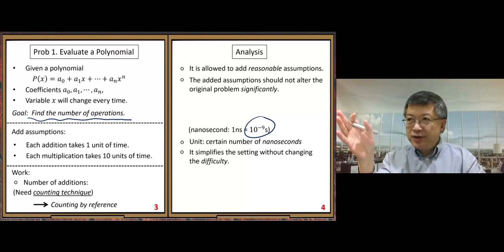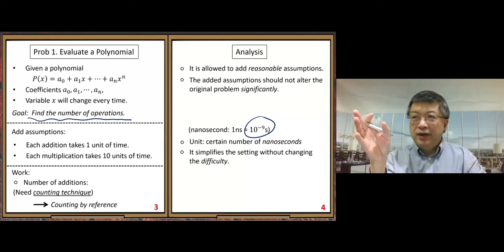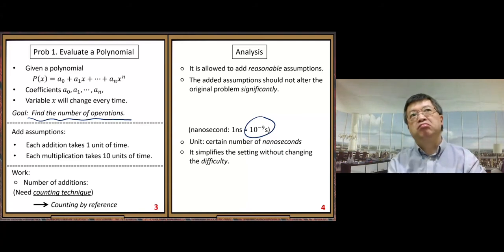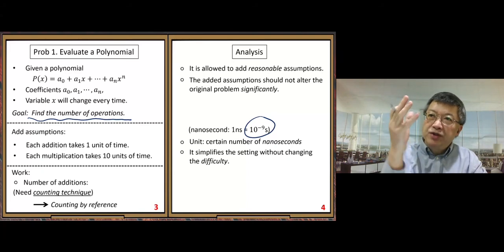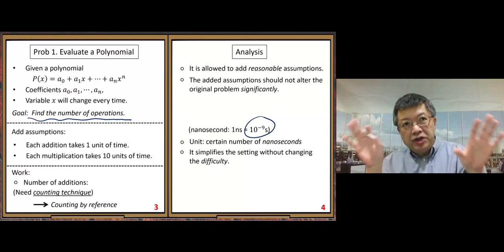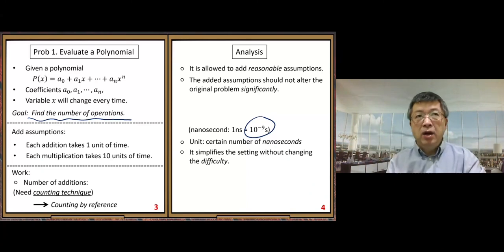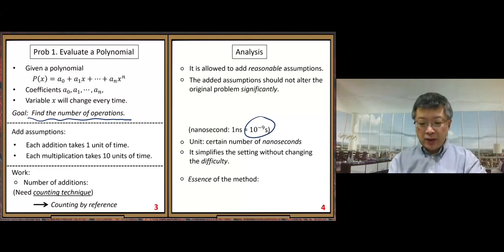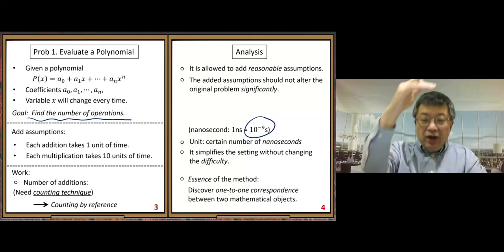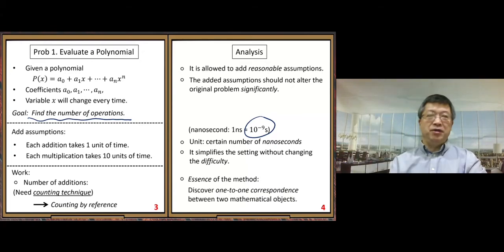This method, counting by reference: when we do counting on some mathematical objects, sometimes we need to use some good reference to help us get an answer. Let me explain this method. Very simple, but very effective. The essence of this method is to discover one-to-one correspondence.